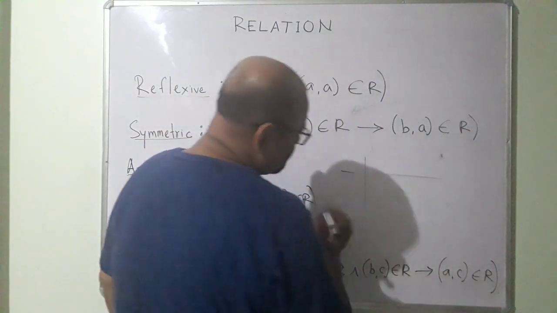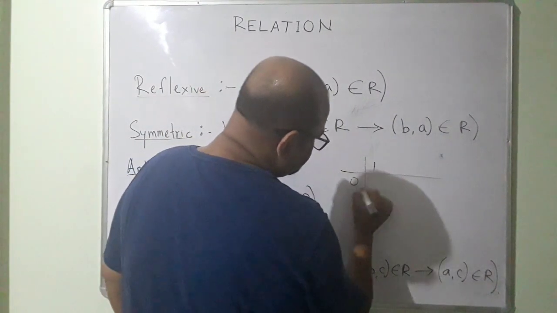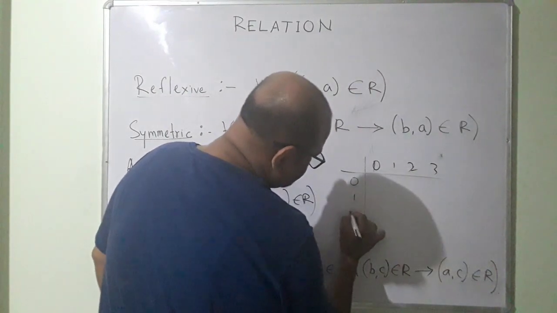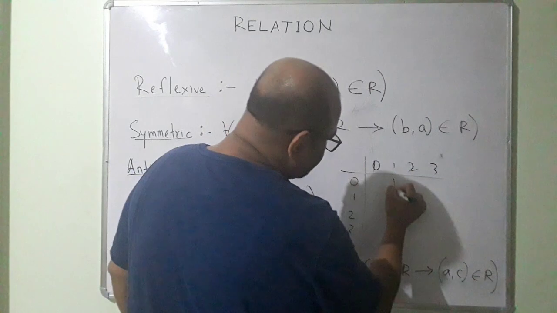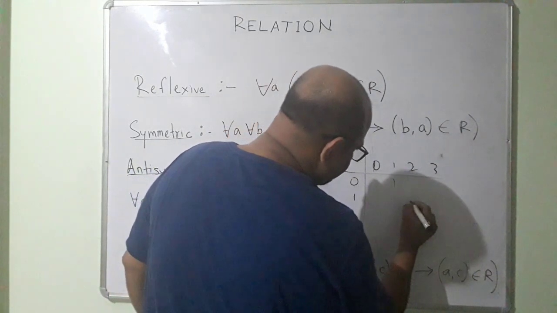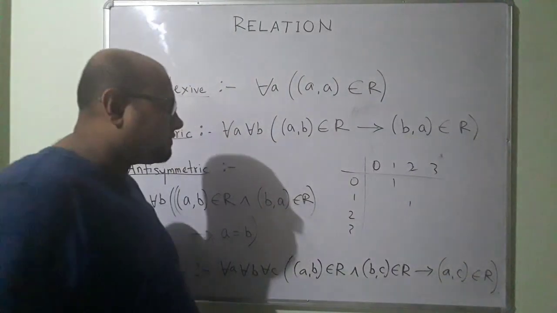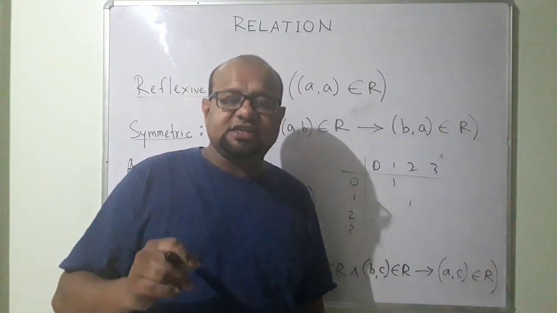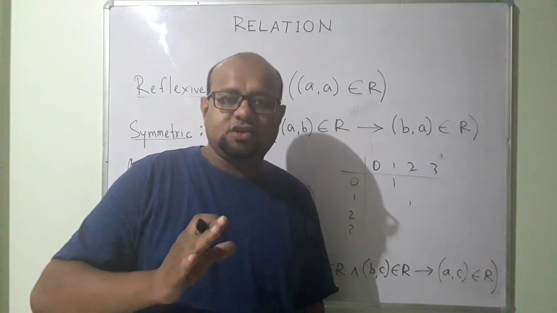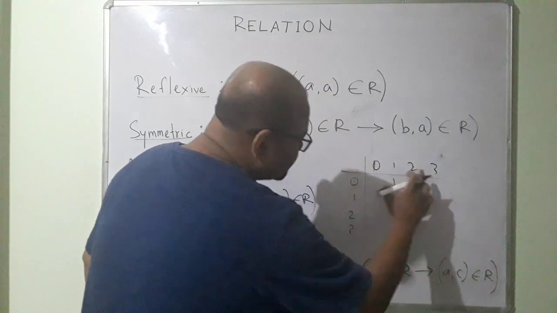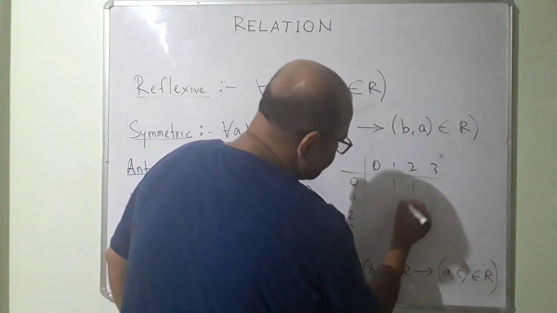Once again going to this 0, 1, 2, 3. Say 0, 1 is there, then 1, 2 is there. So I have 0, 1 and 1, 2. This relation will be transitive if for every such pair 0, 1 and 1, 2, then 0, 2 should also be there.